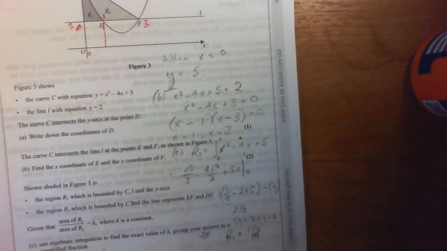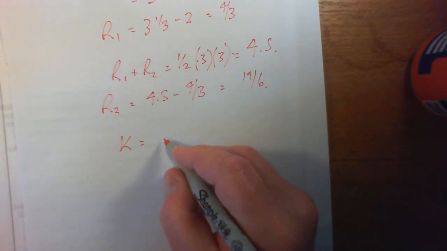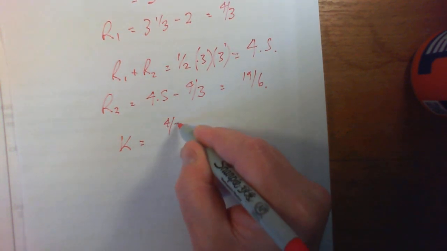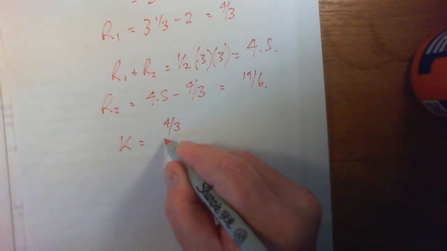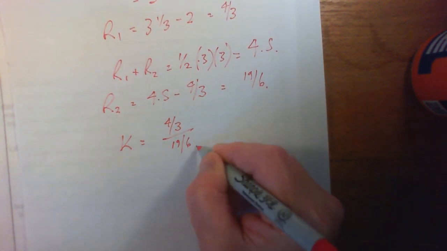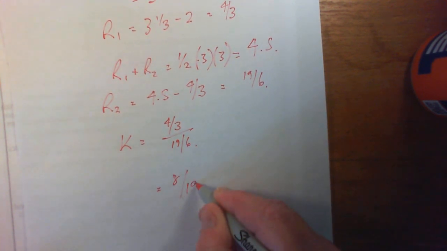And what I was asked to find was the ratio of R1 to R2. So the ratio of R1 to R2 is 4 over 3 over 19 over 6, which basically goes down to 8 over 19.